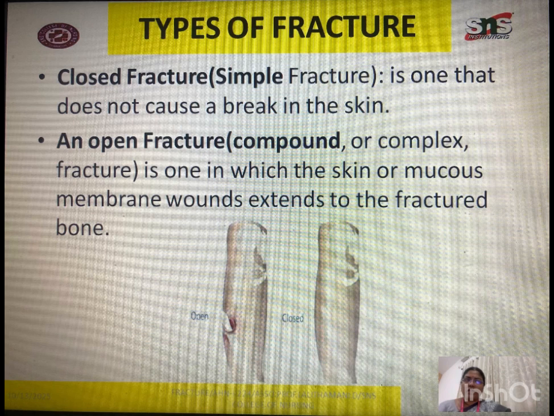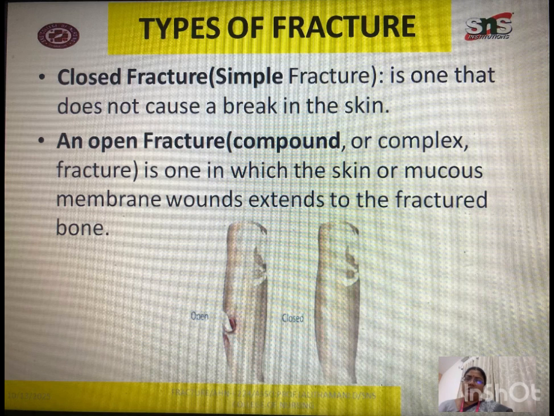So we'll see the next topic on how things happen in closed fracture and open fracture. When we talk about the types of fracture, we have seen oblique, comminuted, spiral, greenstick.